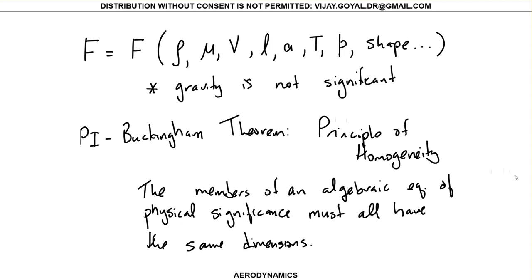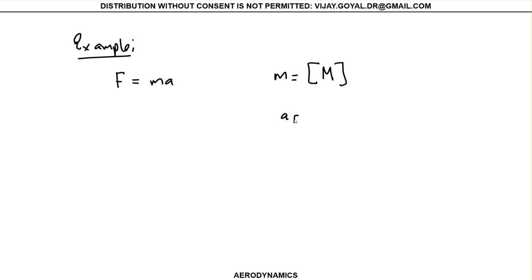Let's work with a simple example to lay down the groundwork to understand what we're saying. For clarity, this is not a full example, just to lay down the groundwork. Let's suppose I have the case of F equals mass times acceleration. We know that mass is a property of M. Let's say a is a property of length over time squared.